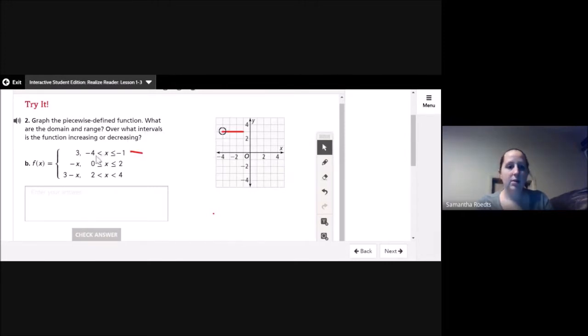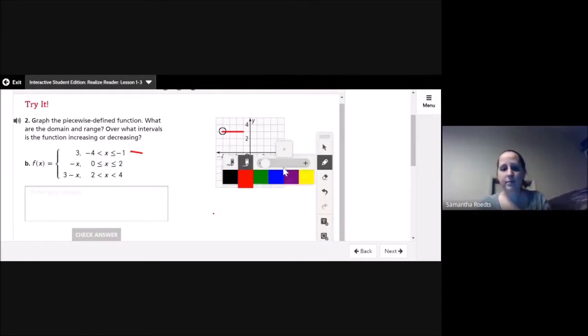Okay, so there's an open circle here at negative 4, and a closed one at negative 1 because of the equal signs.